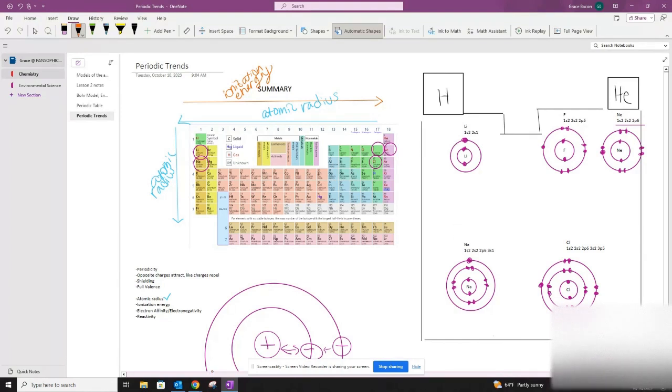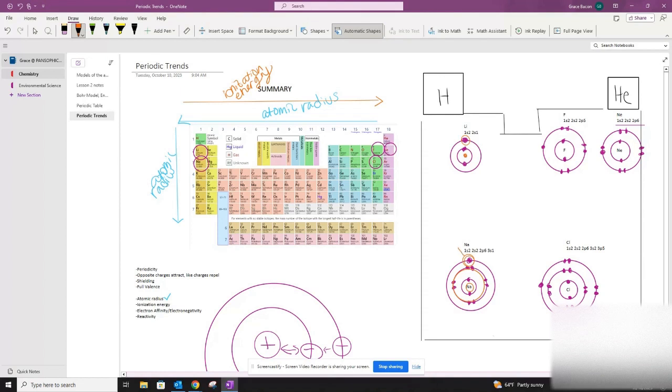If I compare sodium to lithium, I've got more shielding, which means that this electron isn't feeling this positive charge as strongly as this electron is feeling this positive charge, because this electron is shielded by all of these. Remember, this is like our additional magnet that's kind of blocking that charge. And so for that reason, this isn't being held on to as strongly by the atom.